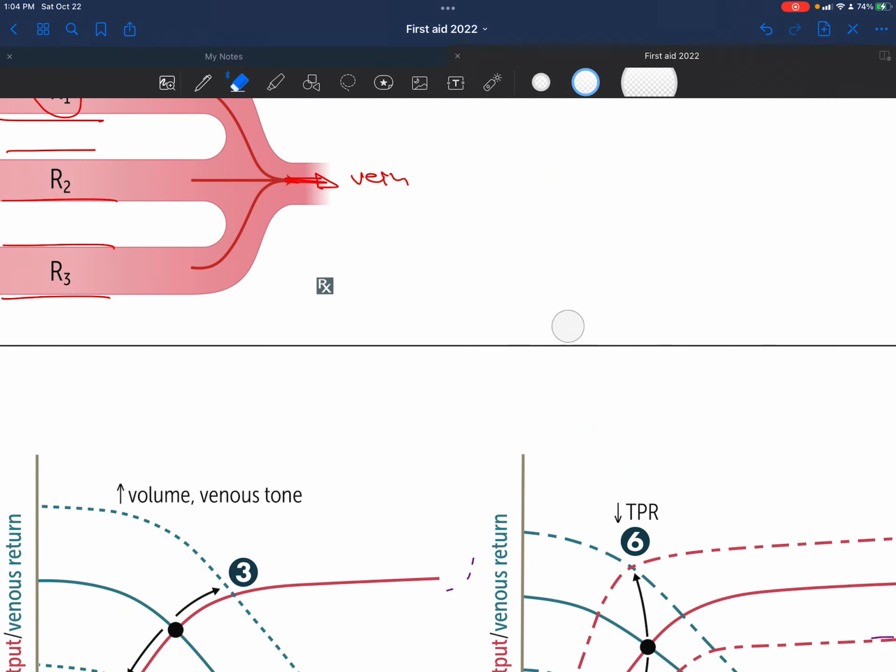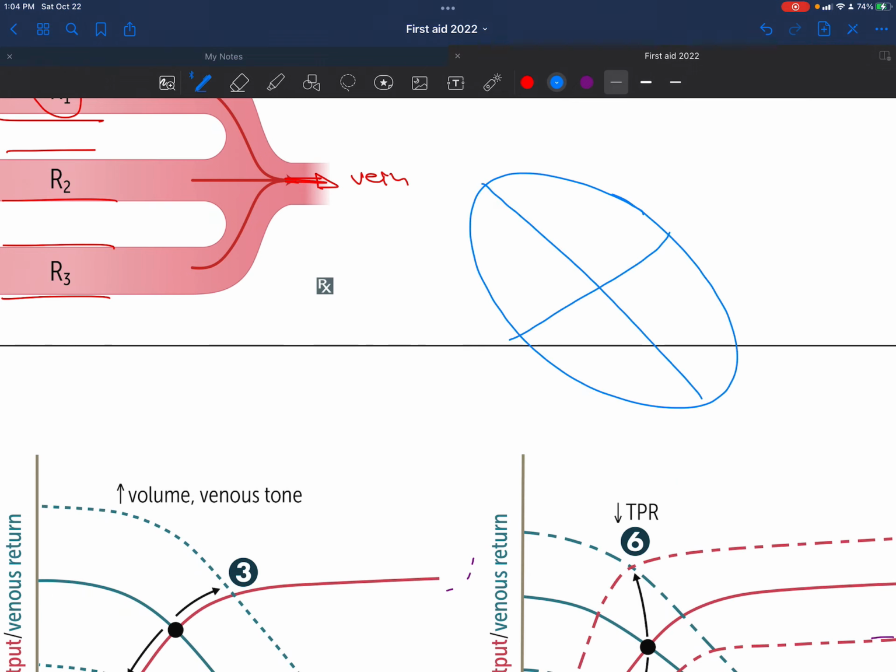So if we draw a heart over here, okay, let's make it smaller. So this is a heart. Actually, this is the left atrium. This is the left ventricle, this is the right atrium, and this is the right ventricle. So what we have here is that the right atrium is the place that gets the blood from the systemic circulation through the main veins, the superior vena cava, and then from here the inferior vena cava.